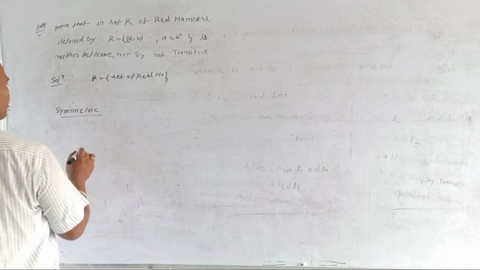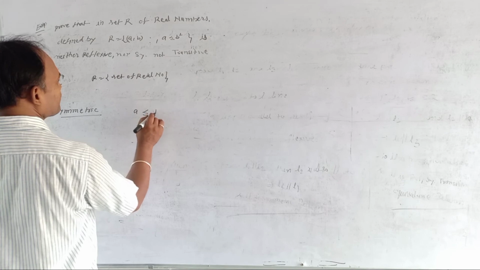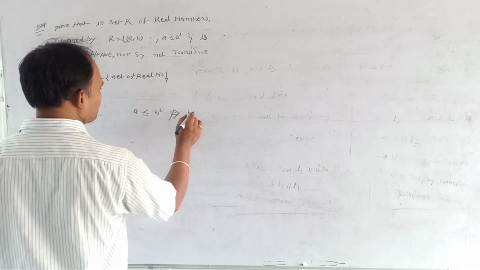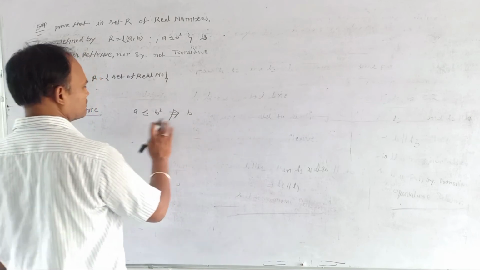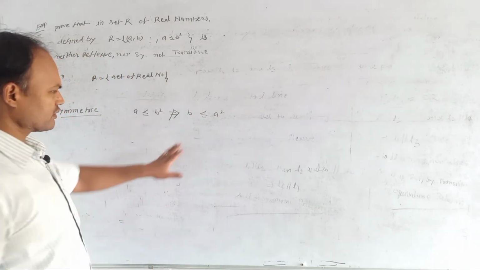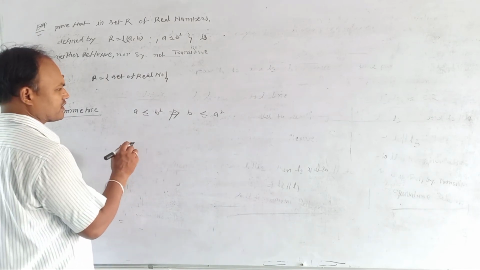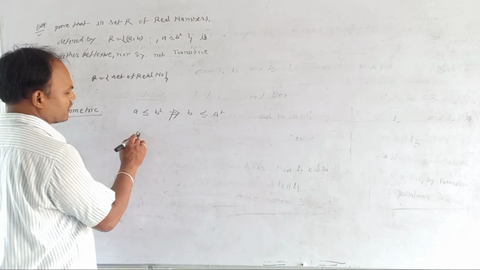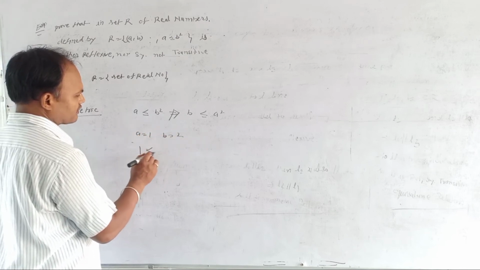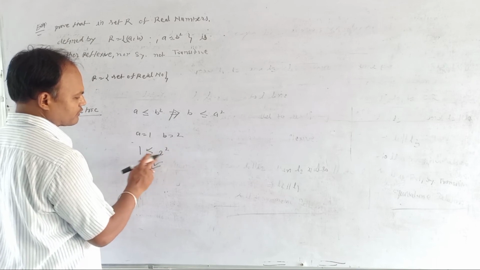What about symmetric? For symmetric, a ≤ b² should imply b ≤ a². It is easily disproved: take a = 1 and b = 2. Then 1 ≤ 2² is true, meaning 1 ≤ 4.